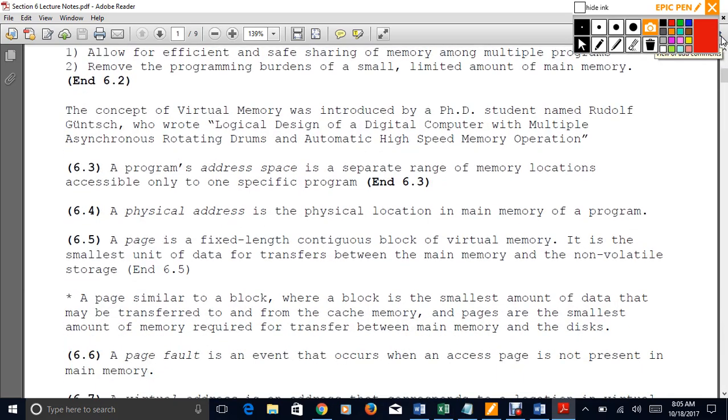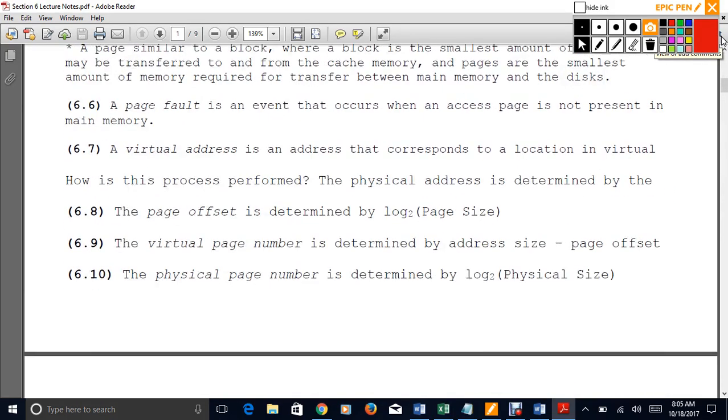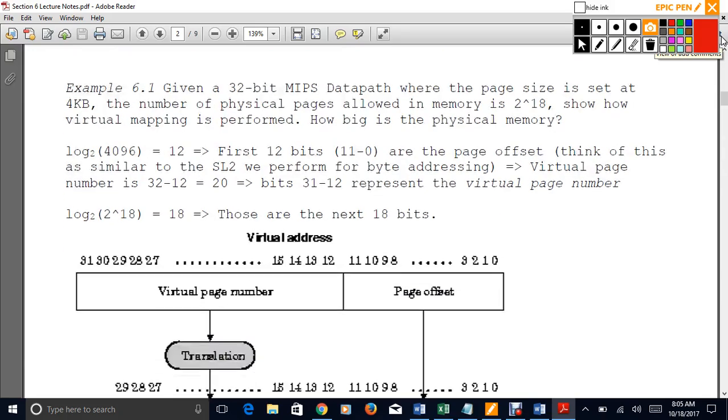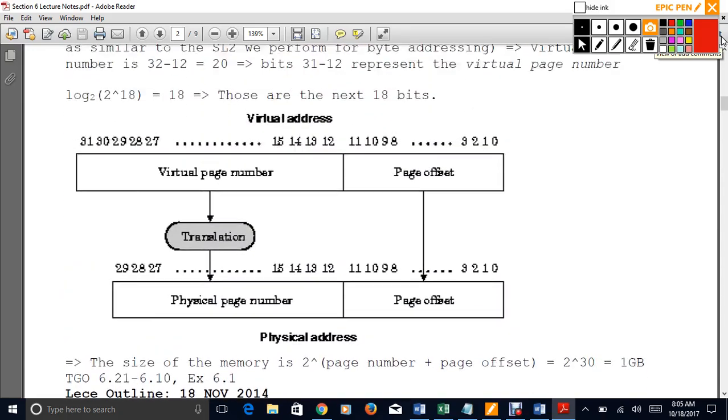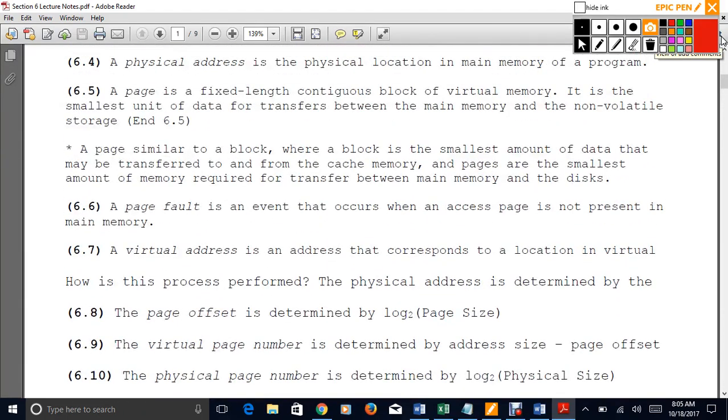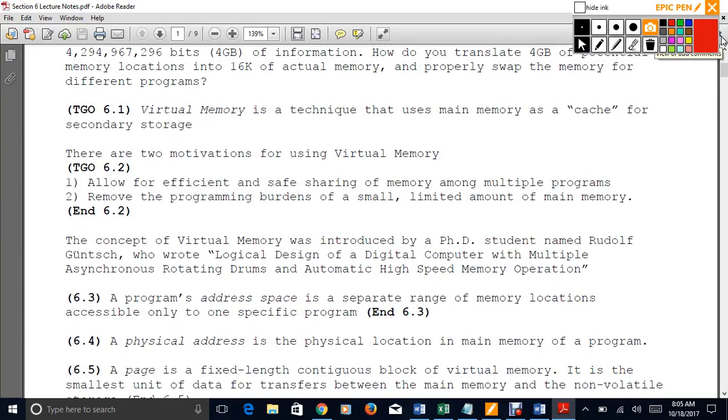I expect you to be able to answer a question like 6.1. I expect you to be able to tell me what virtual memory is and the two motivations.